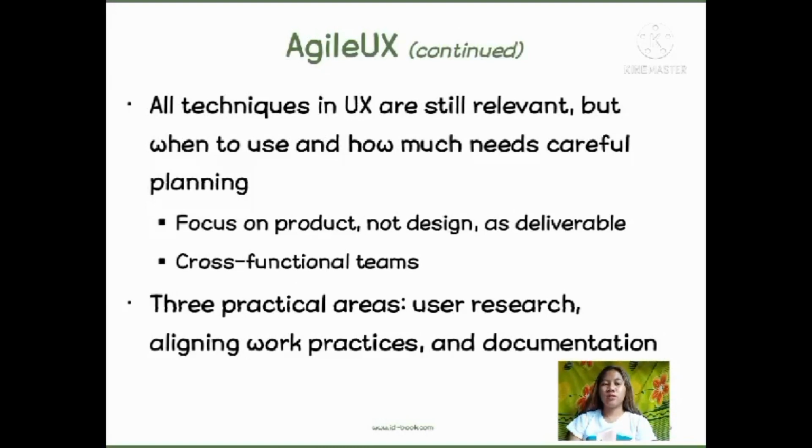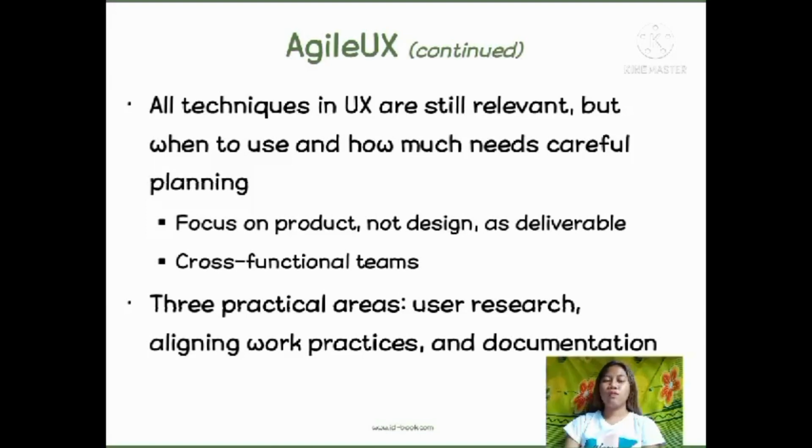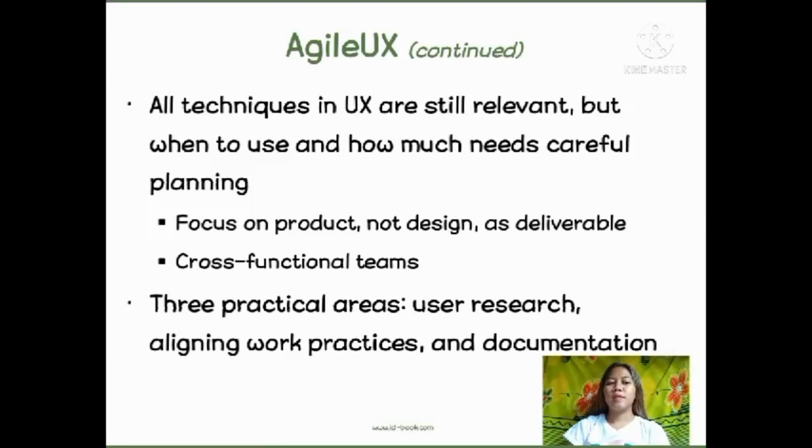Also, all techniques in UX are still relevant, but when to use them and how much needs careful planning. Focus on the product, not design as a deliverable, and cross-functional teams. Three practical areas are user research, aligning work practices, and documentation.